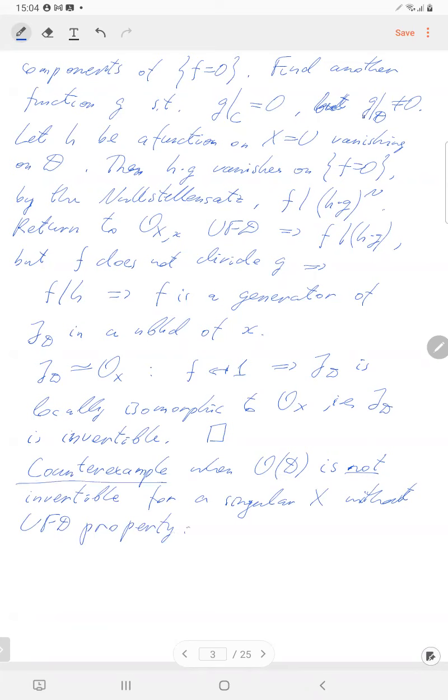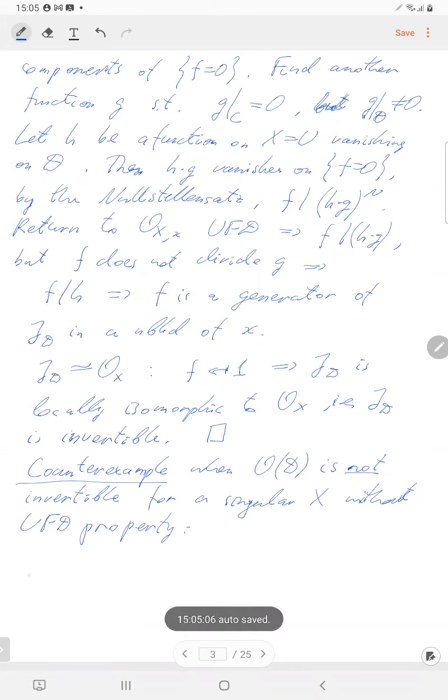But I guess some people know this counterexample, so maybe somebody can suggest something. I mean, you don't have to guess my own counterexample. You can suggest your own counterexample. Anybody volunteering? No? Well, okay, then let me go on with my favorite counterexample.